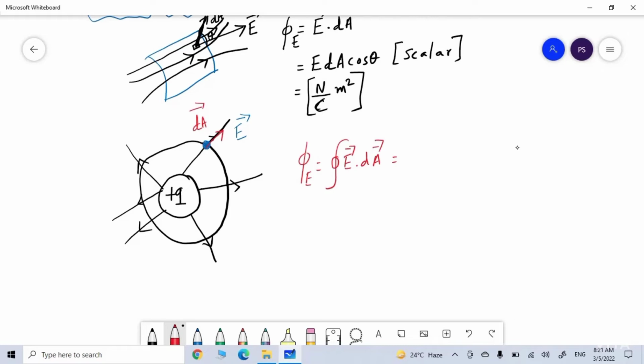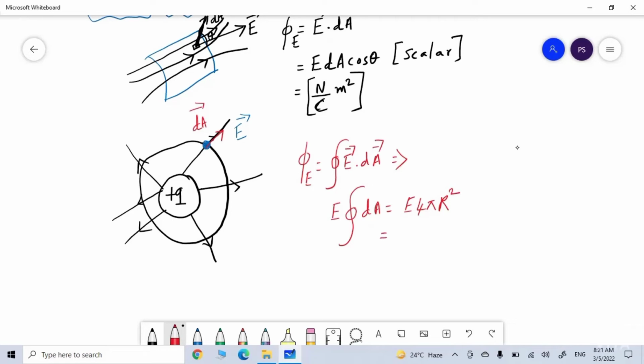So we can take the electric field out and we get the integral of dA. You need not even bother about the dot product because cos 0 is 1. Now this integral of dA happens to be the surface area of the sphere, which is 4 pi r square.